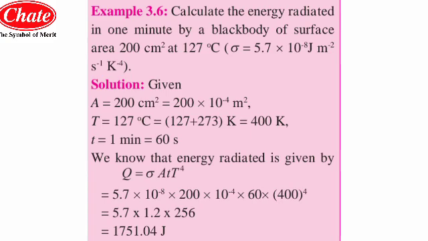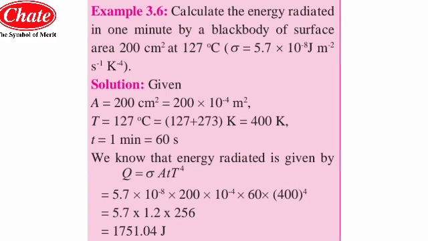Now we have the formula that the energy radiated is given by Q is equal to sigma A t T raised to 4. First we need to understand the terms.